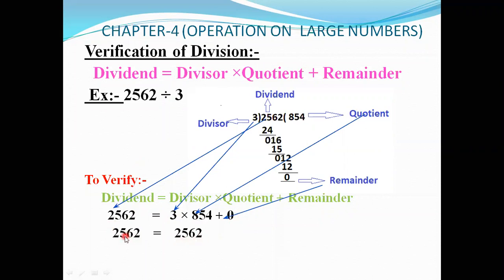In this way, we see the value of the left hand side, the dividend, is equal to the value of the right hand side, divisor times quotient plus remainder. In this way we can verify the division. This is the verification of division.